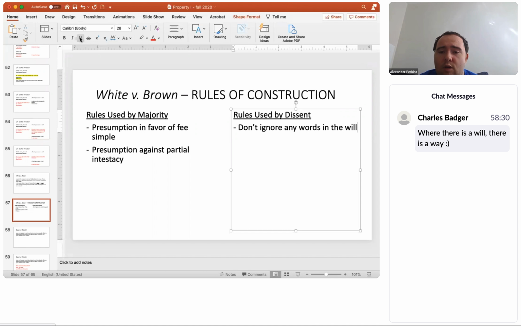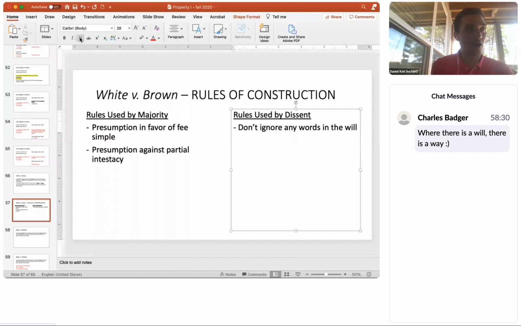It's an ignoring or disregard of those words. Disregard, it's a meaningless sentence. Okay, and so we presume that they didn't put anything in there that they didn't want to have some effect. Here, in order to get to the majority's conclusion, they have to ignore the don't sell my house thing, which, by the way, she said twice and underlined.